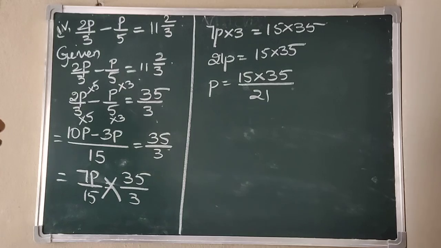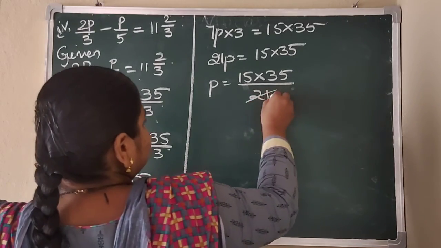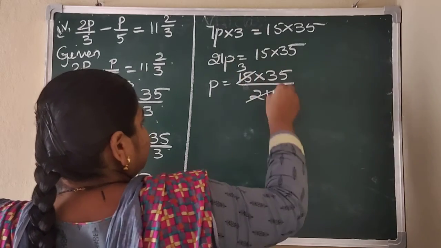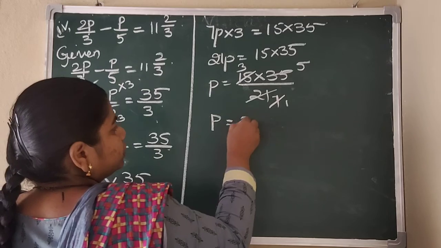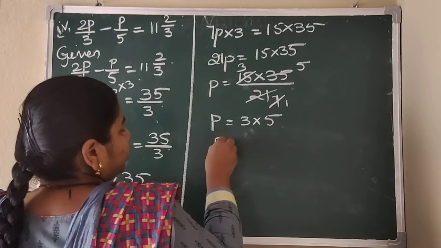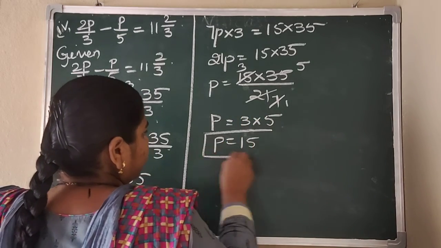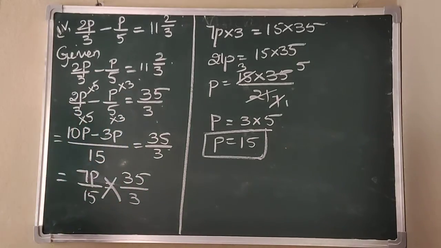21. So how many times can we cancel? We can cancel in the 3 table. So 3 7s, 3 3s, 7 1s, 7 5s. So p is equal to 3 into 5. So p is equal to how much? 15. So this is our fourth solution.